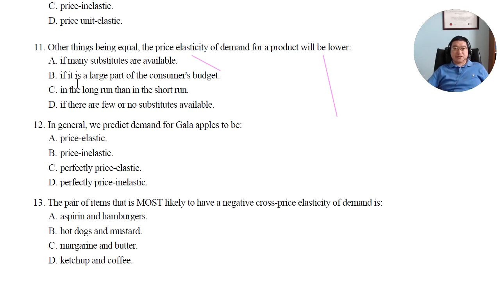Now, if it is a large part of the consumer's budget, you have to think about it in terms of a price decrease. Let's say there's a Labor Day discount. The original price is $1,200 for a refrigerator. Now you can buy it at $800 and save $400 if you buy it on the Labor Day discount. So your decision maybe looks at $1,200.